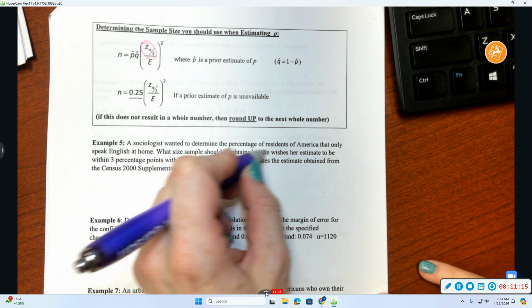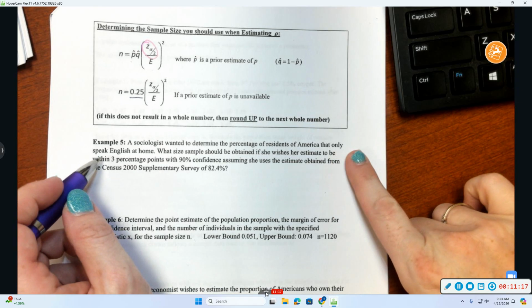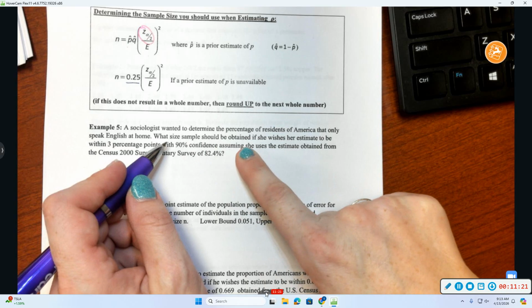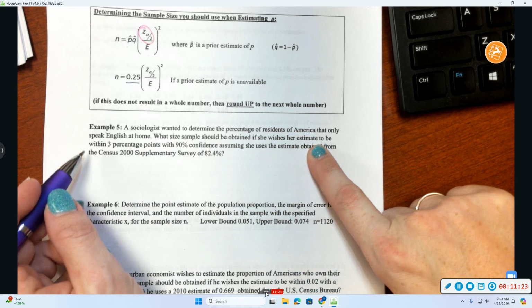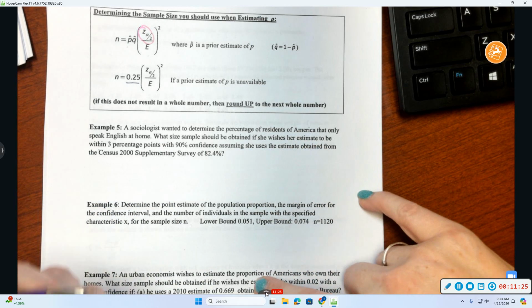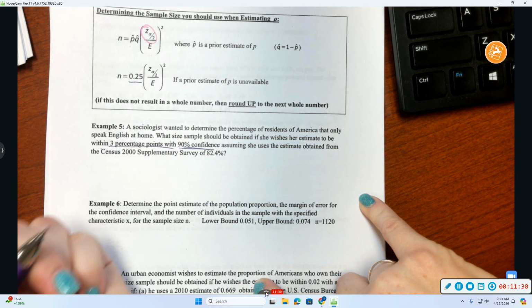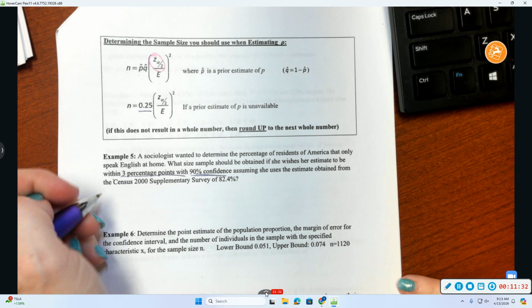A sociologist wants to determine the percentage of residents in America that only speak English at home. What sample size should be obtained if she wishes for her estimate to be within 3 percentage points with a 90% confidence interval?